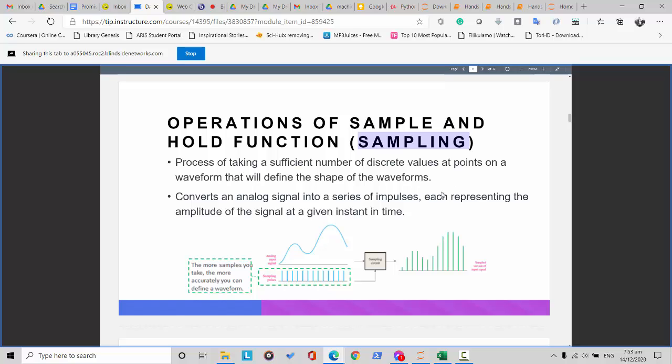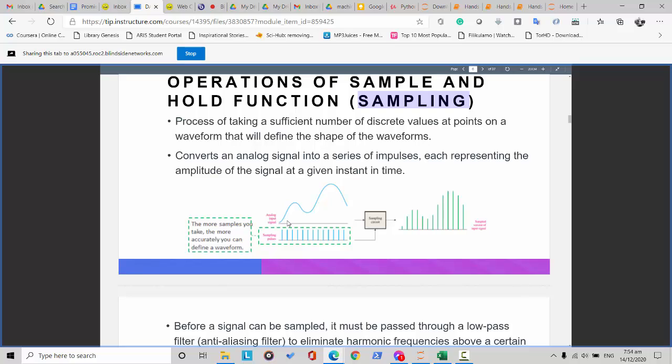That's one of the functions of the sample and hold function. So we are taking a sufficient number of discrete values at points on a waveform, so that they will define the shape of the waveform, and it actually converts an analog signal into a series of impulses, each representing the amplitude of the signal at a given instant in time.